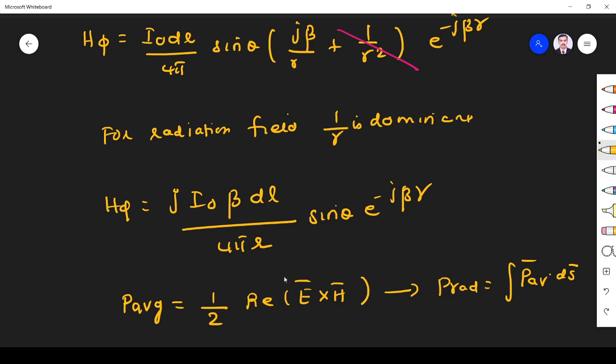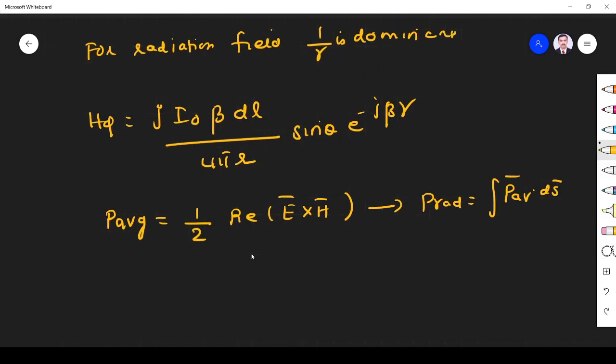From that power radiated we can find R radiation, since P radiated is equal to 1 by 2 I naught squared R radiation. This is the logic we are going to use in the derivation.